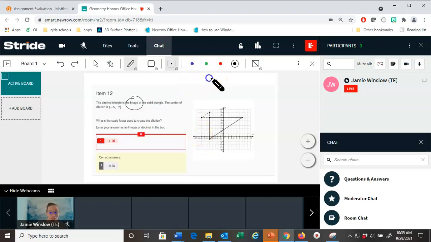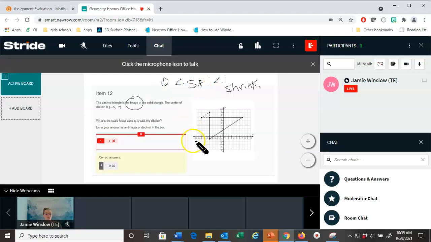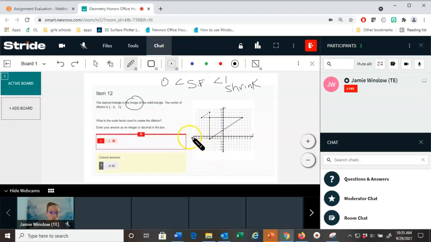So remember, if the scale factor is between 0 and 1, we know it's a shrink. Also negative. All right, so when we look at this, the dotted triangle is much smaller. So we know it's going to be a shrink. So we know that our scale factor has to be between 0 and 1 and negative.